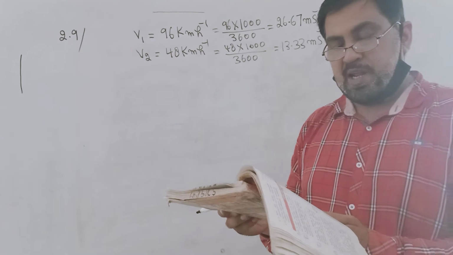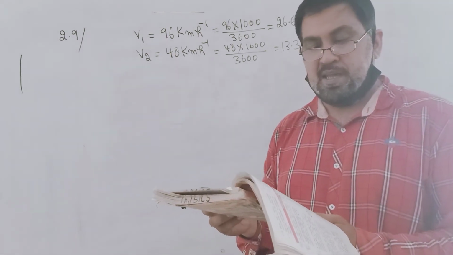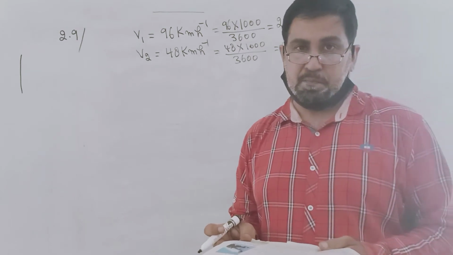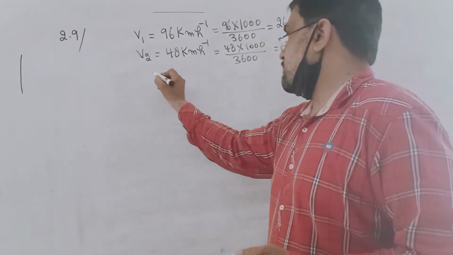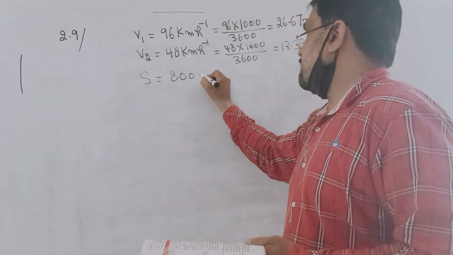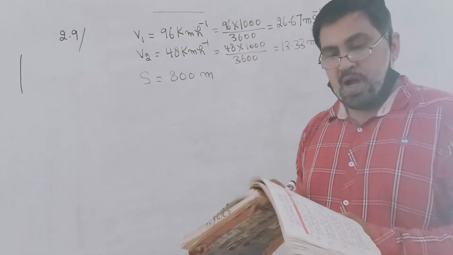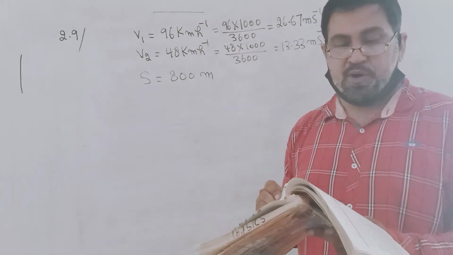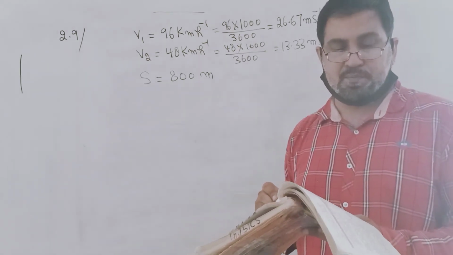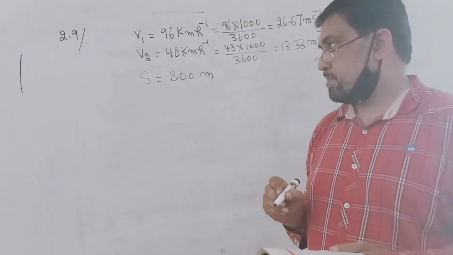When brakes are applied, the speed of the train decreases from 96 to 48 in 800 meter. Distance is 800 meter. How much further will the train move before coming to rest?